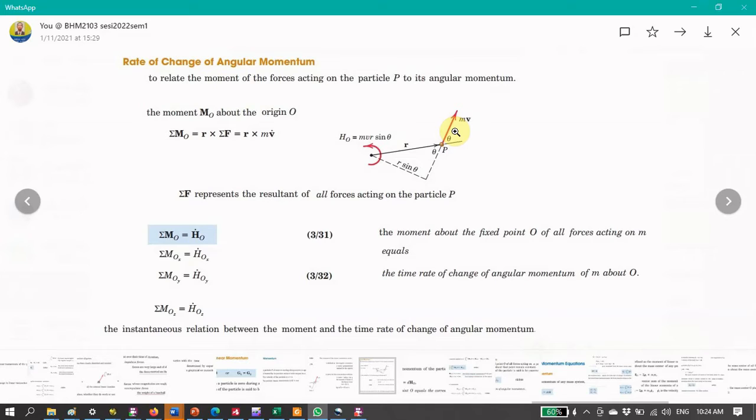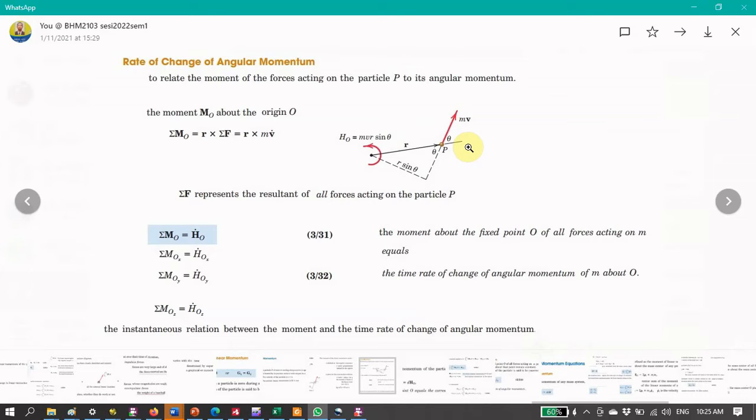The moment about the fixed point O of all forces acting on the particle with the mass m is equal to the rate of change of angular momentum of the particle about O. And this is a vector quantity, and if you are using the rectangular coordinate system, we can write this equation in the form of equation 3/32.